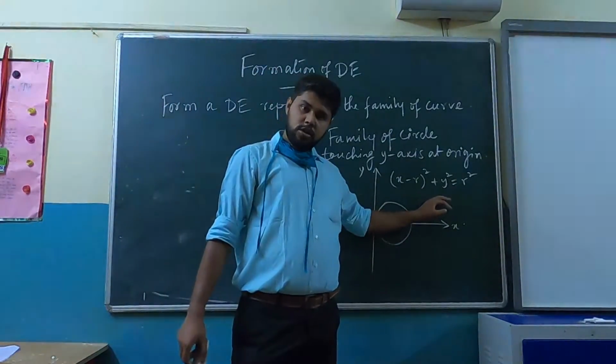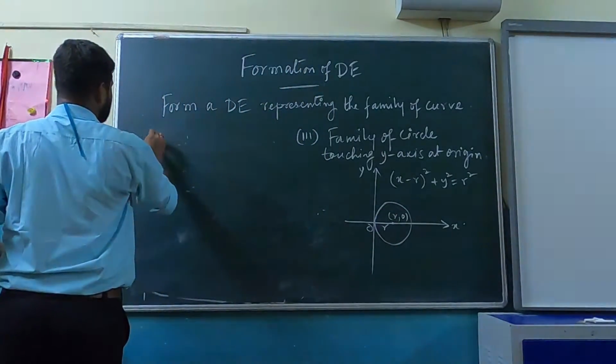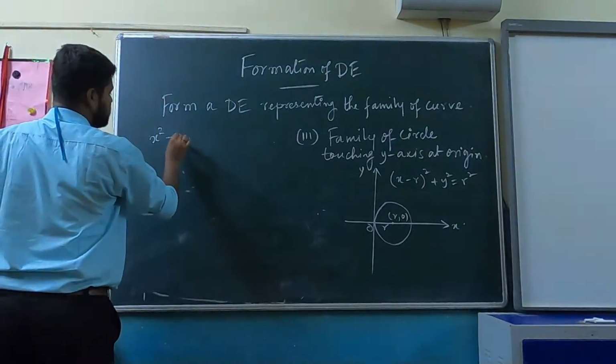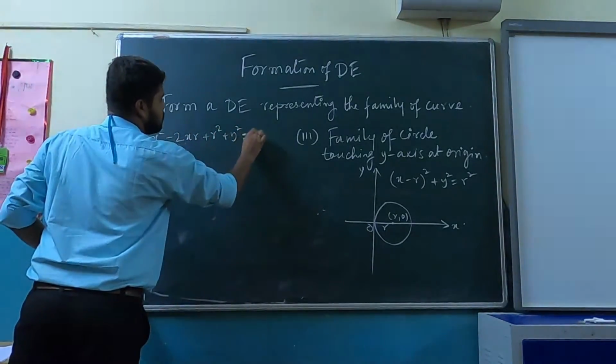So this is the equation of this circle. So now let me just simplify this out. So this is x square minus 2xr plus r square plus y square.